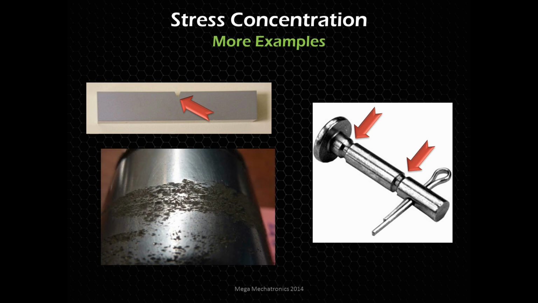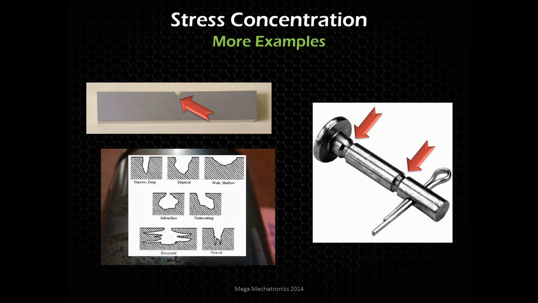And over here we have corrosion pitting, and this creates stress concentrators. You see at a microscopic level, a couple of pits have some very deep and sharp points of stress concentration. All of these are examples of stress concentration.